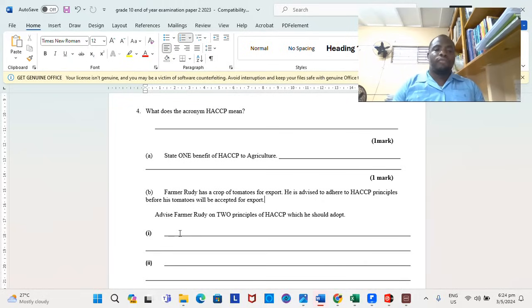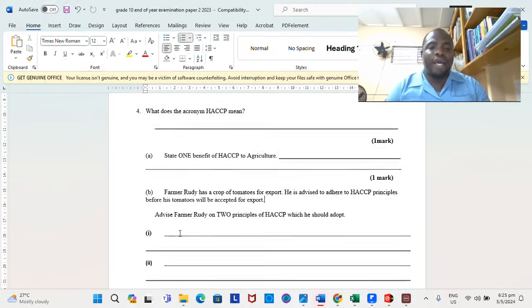HACCP basically has 7 principles. So if you are in the exam, any one that you feel more comfortable explaining, it would be good to just stick to that one. You have 7 to choose from.